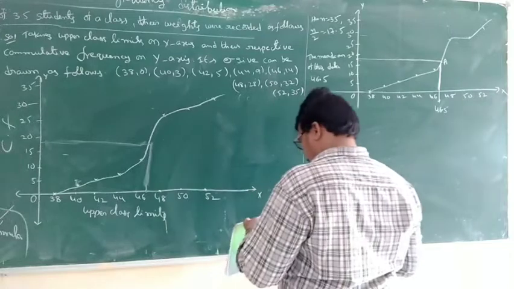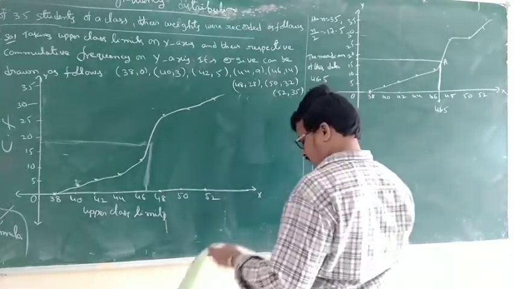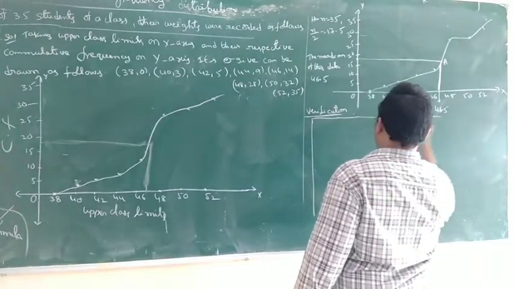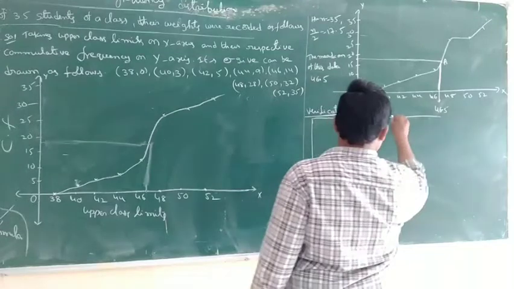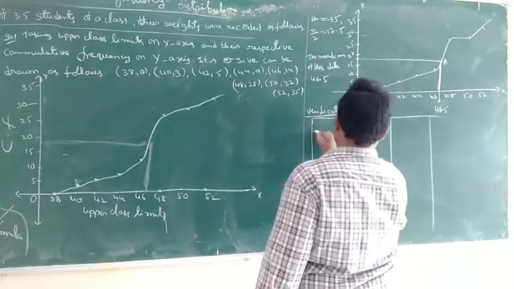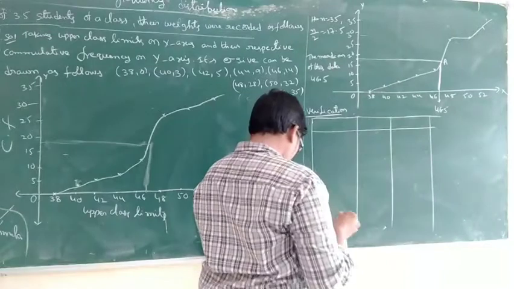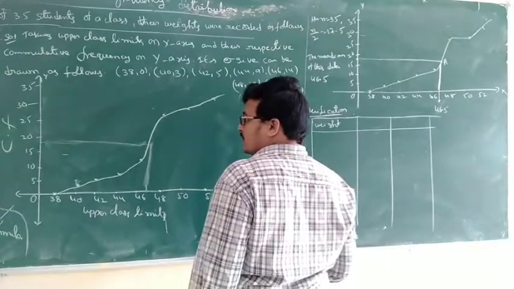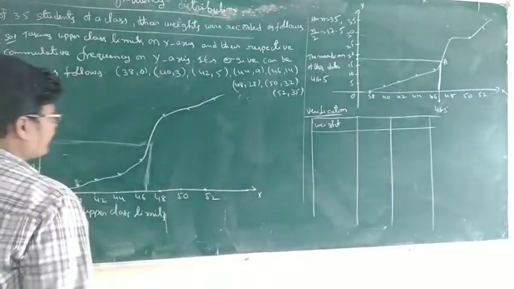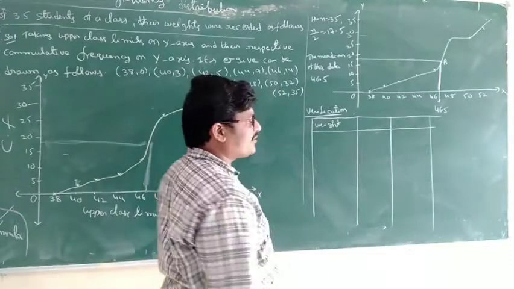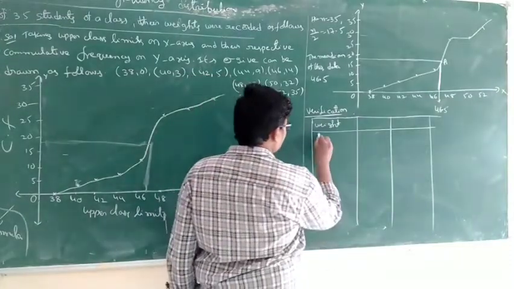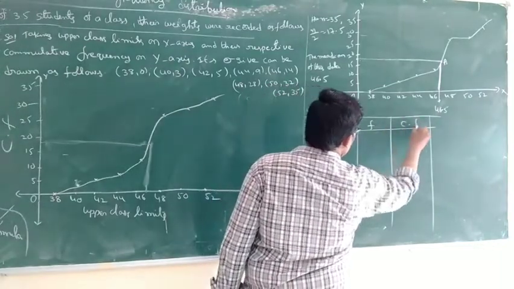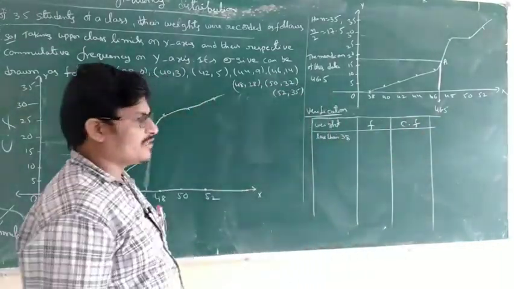First of all, weight. In the given problem, we have less than 38, less than 40, less than 42. First, less than 38, cumulative frequencies.